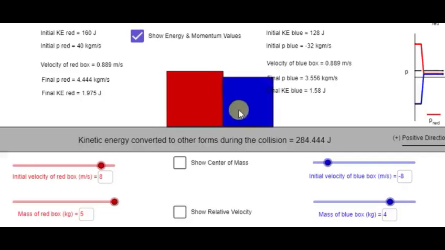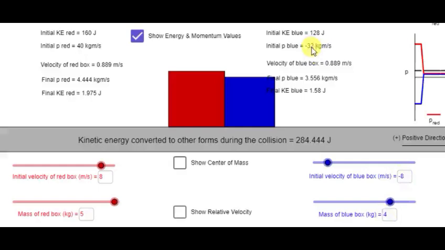Why? Remember, before they collided, red had a total momentum. Momentum is mass times velocity, which is 5 times 8, a momentum of 40 kilogram meters per second. Whereas blue had a total momentum of 4 times negative 8, which is negative 32.